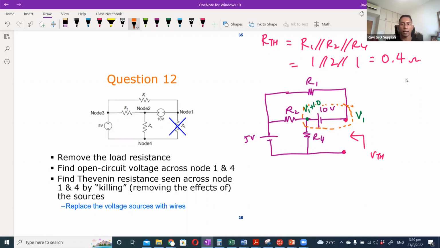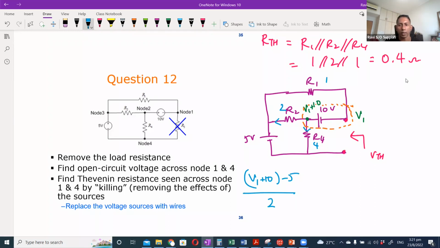Okay, so I can say that, let me write, R1 is 1 ohm, 2 ohm, and 4 ohm, correct? So if I take this branch over here, it will be (V1 plus 10 minus 5) over 2.